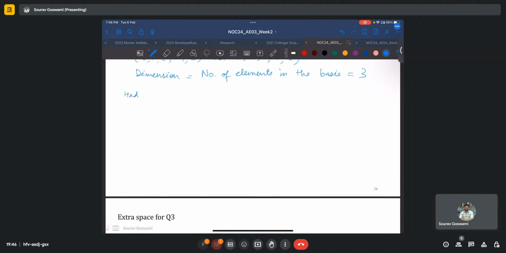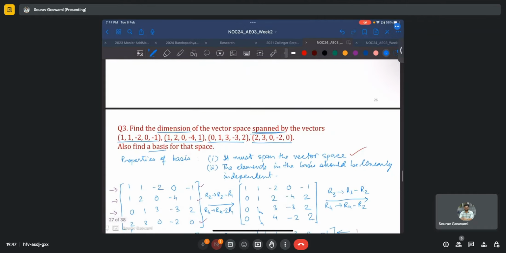So had we arranged the given vectors as columns of a matrix, say something like (1, 1, -2, 0, -1), (1, 2, 0, -4, 1), (0, 1, 3, -3, 2), (2, 3, 0, -2, 0).